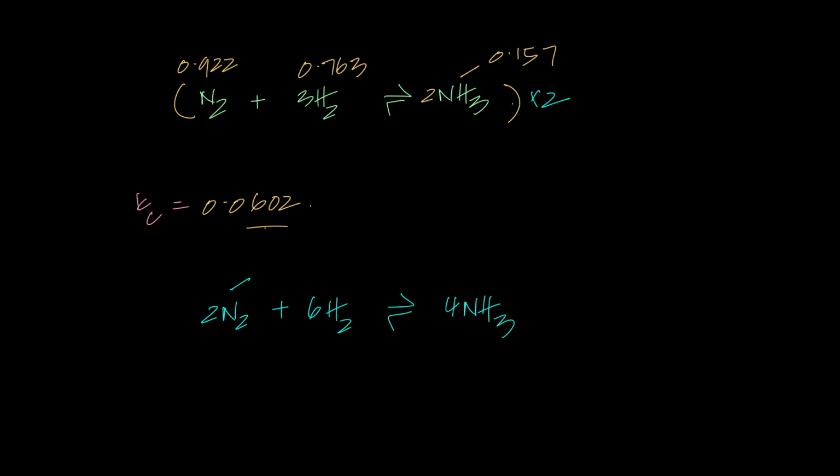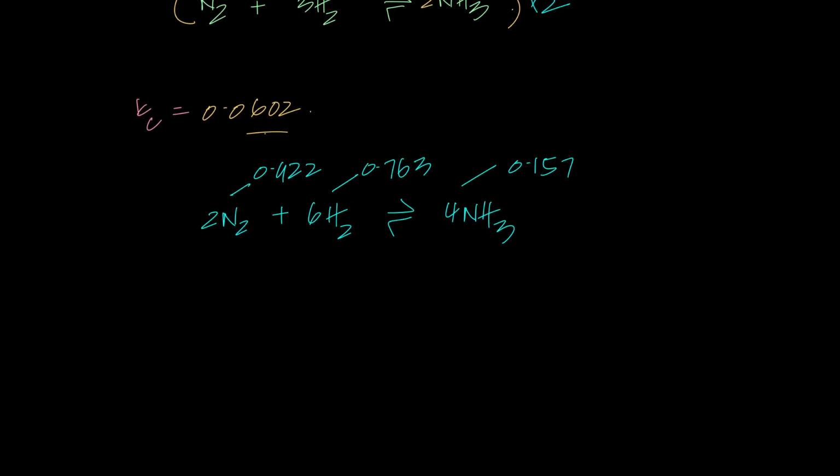The concentrations at equilibrium are the same: 0.922, 0.763, 0.157, they don't change. It's the same experiment, I've just doubled it. Can you calculate the Kc value, please? NH3 at the top, raised to the power 4, divided by N2 squared.